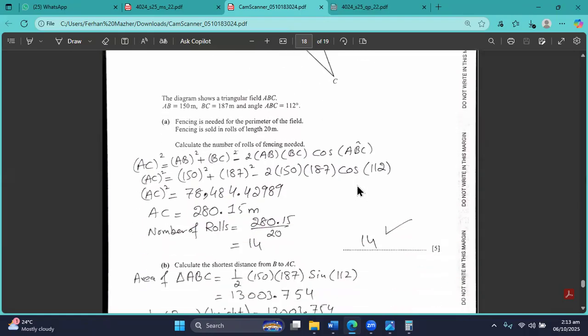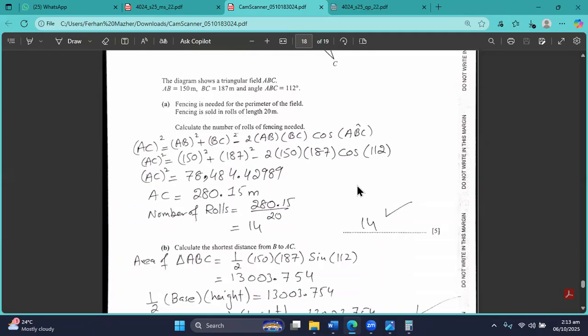So what I did, I found the length of the AC. But here, what I did, let me confirm this value. But right now, where is my calculator?